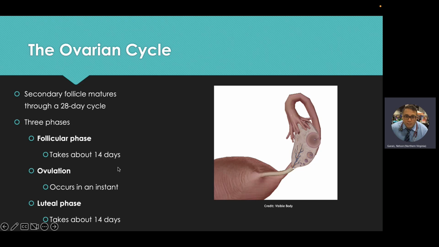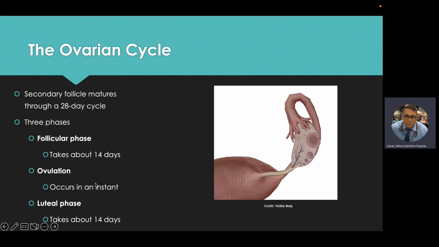Ovarian cycle, also known as your menstrual cycle, is a 28-day academic cycle. I know that people have different days depending on different months, depending on emotion, on what medication you're on, a whole bunch of things. But your menstrual cycle for academic purposes is a 28-day cycle.